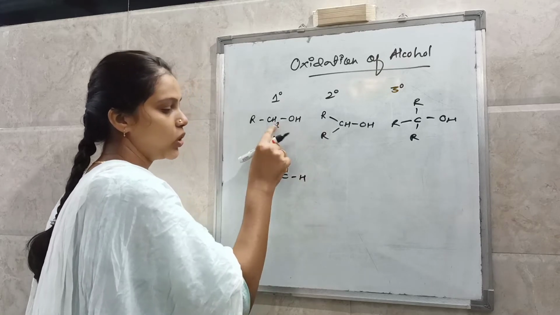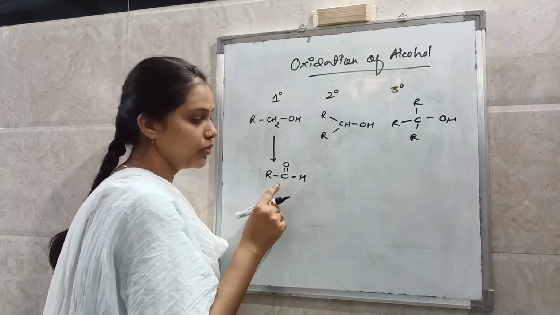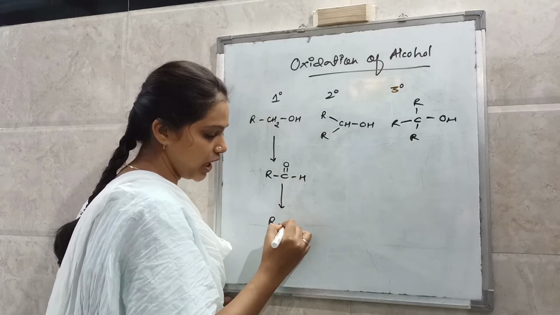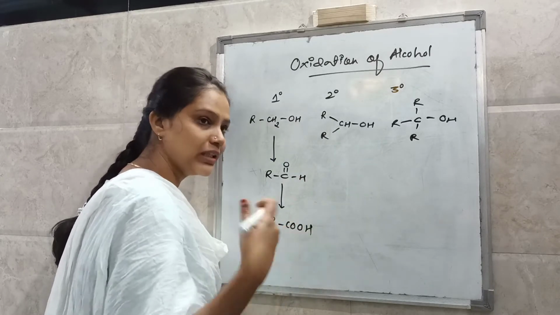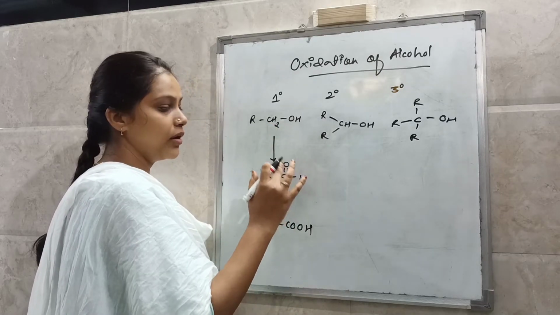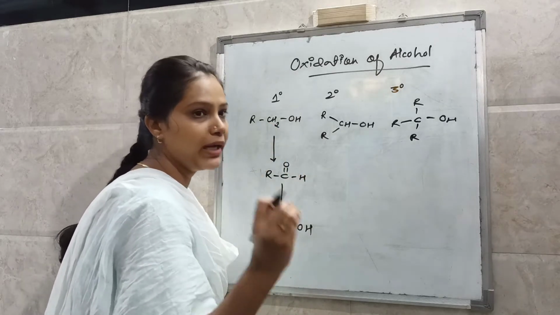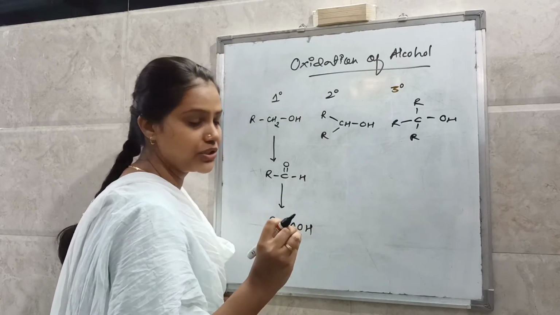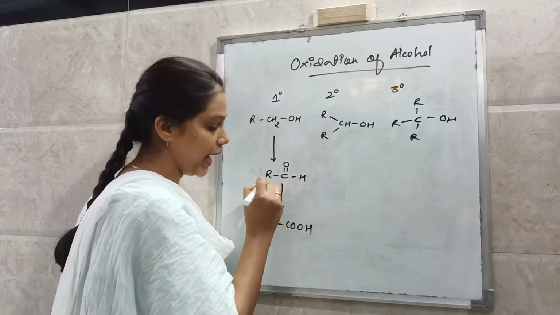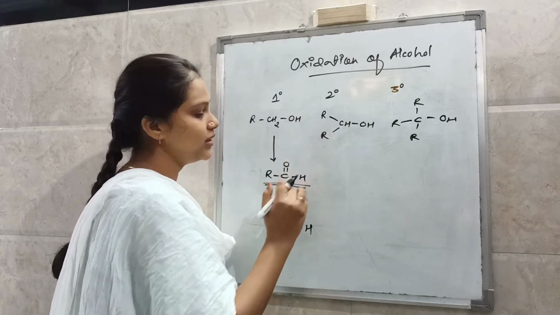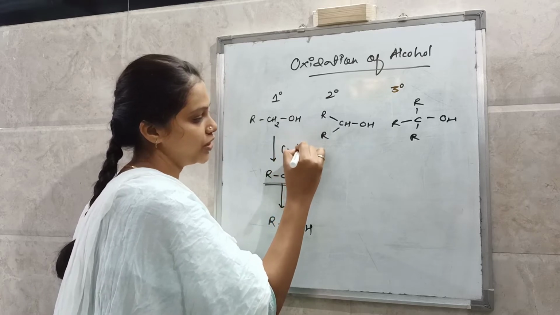The primary alcohol on oxidation will give you aldehyde. Remember, the primary alcohol on oxidation will give you aldehyde. This will further oxidize to carboxylic acid, but there is a condition. When you use a mild oxidizing agent, the oxidation will stop at aldehyde, and this is known as controlled oxidation.